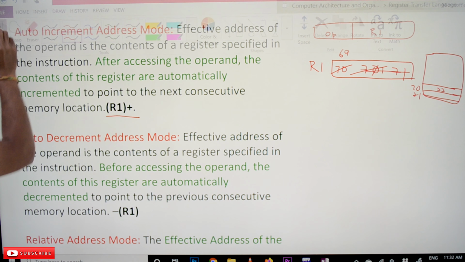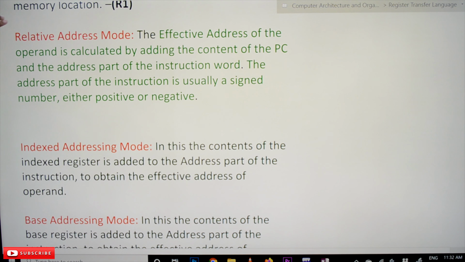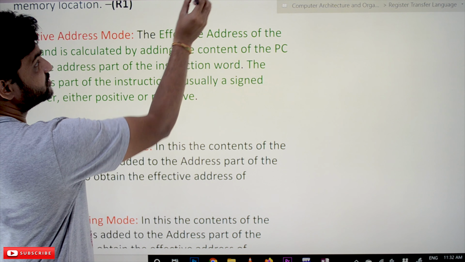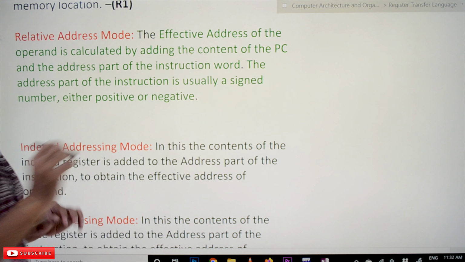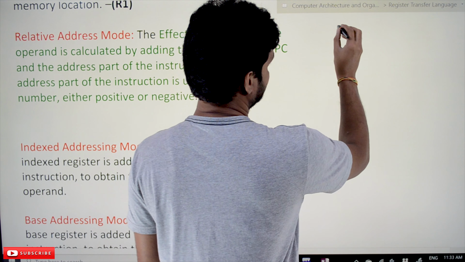Let's go to the next kind of addressing mode, which is relative addressing mode. So far we have seen direct address mode, which is also called absolute addressing mode. Let's try to understand it with an example.